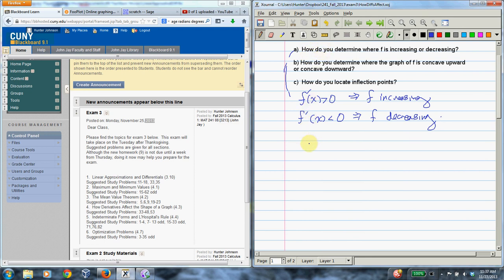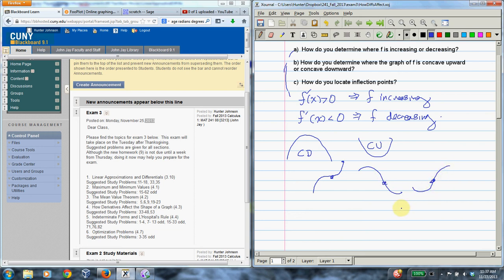And B says, how do you determine where the graph of f is concave upward or concave downward? So remember, this is what concave down looks like, and this is what concave up looks like. And when you switch concavity, you have something called an inflection point. So this is an inflection point, and this is an inflection point, and this is an inflection point.